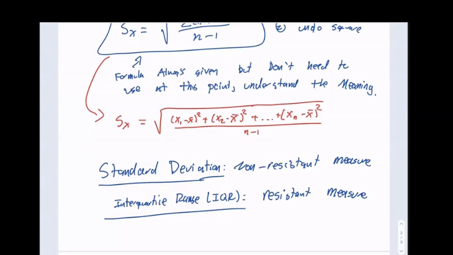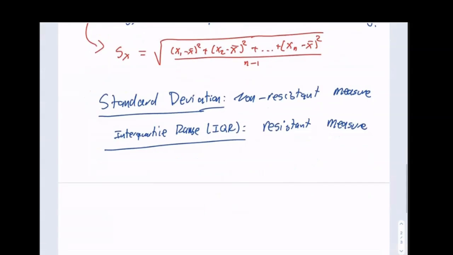So a better measure would be something that is a resistant measure, such as the IQR for the spread and the median for the center. One does not change at all.